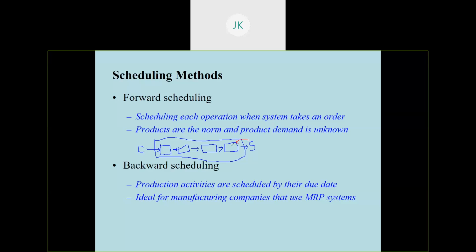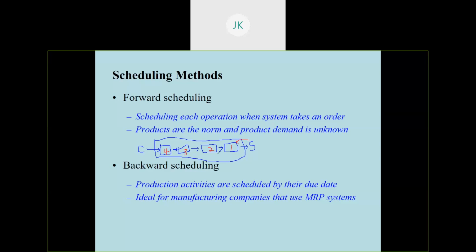Then this one knows when the part comes, so it schedules. And then this one knows it takes like 2 days of work. Then the next one knows when its part comes, and the next one also knows when its part comes.